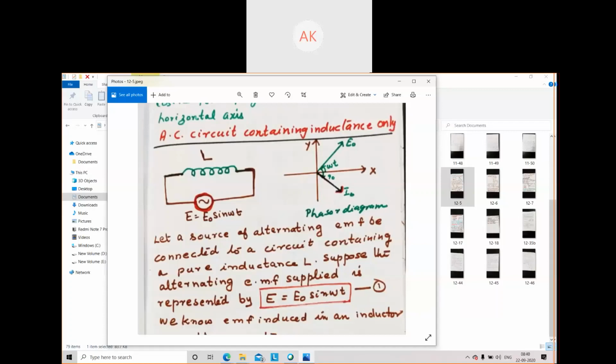When flux changes, current in the circuit changes. So in AC only, the inductor offers resistance, and that resistance offered by the inductor is known as reactance. Don't say resistance of inductor. It is reactance. Resistance is only for a resistor.